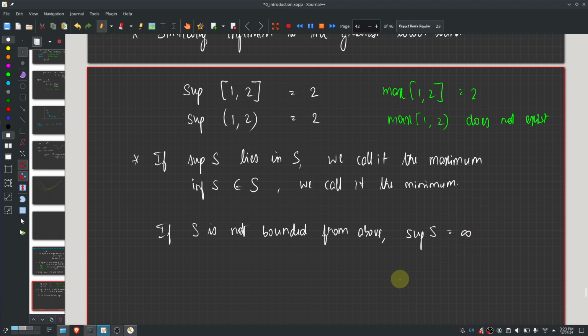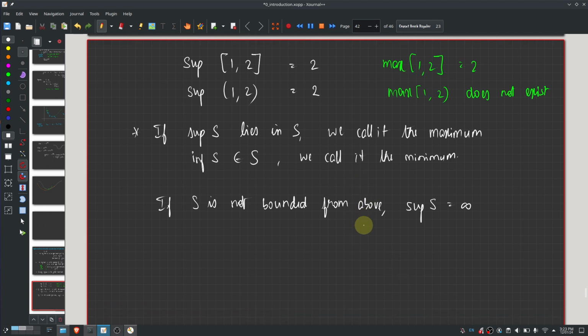Right, so that's going to be our definition of supremum. Similarly, if it's not bounded from below, then we'll say that the infimum of S equals minus infinity. Right? In both these cases, the maximum and minimum do not exist.